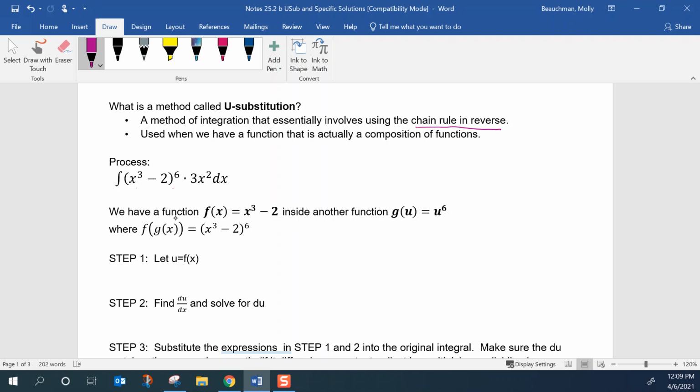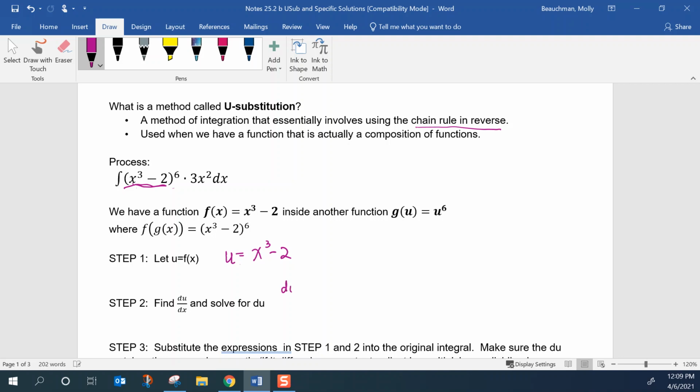If you think of the composition of functions, f composed with g of x, it's (x to the third minus 2) to the power of 6. So what we're going to do using a u substitution is let the variable u equal the entire expression x to the third minus 2. Then we find the derivative of u with respect to x.